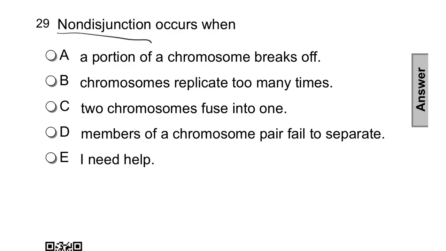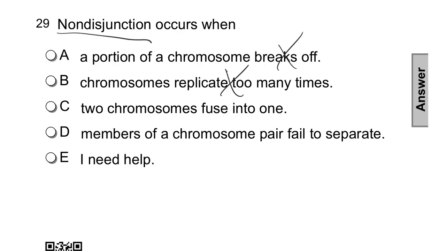Non-disjunction occurs when chromosomes don't disconnect, usually because of a mistake in anaphase 1 or anaphase 2 of meiosis. So a portion of a chromosome breaks off? No. Chromosomes replicate too many times?